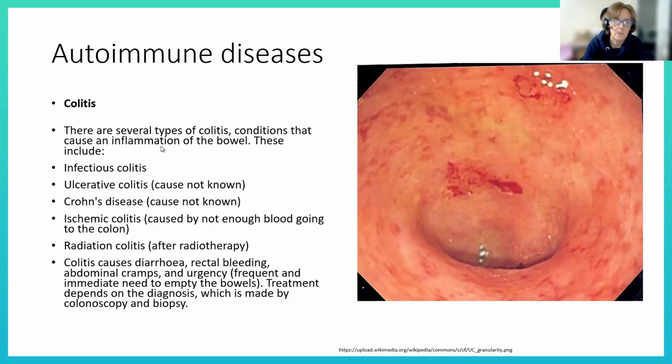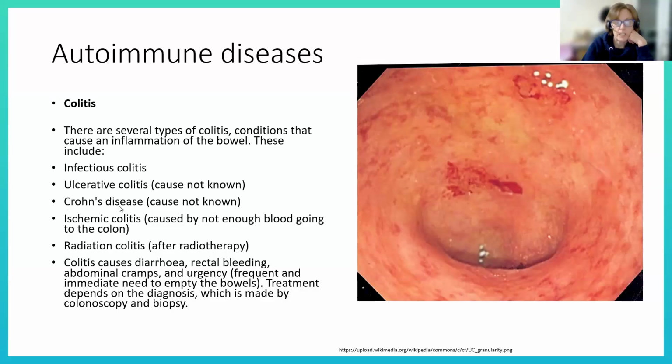So there are several conditions that can cause inflammation of the colon. There's infectious colitis, which means you've got an infection and it's inflamed. And there's ulcerative colitis. It says cause not known. It's an autoimmune disease. And we can't for definite say why autoimmune diseases happen, but we're pretty sure it's when this immune response goes wrong, usually triggered by an infection.